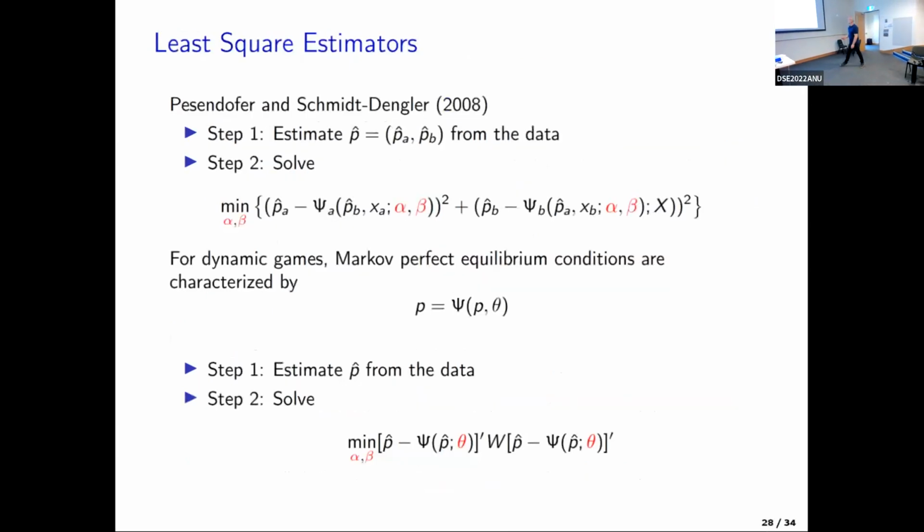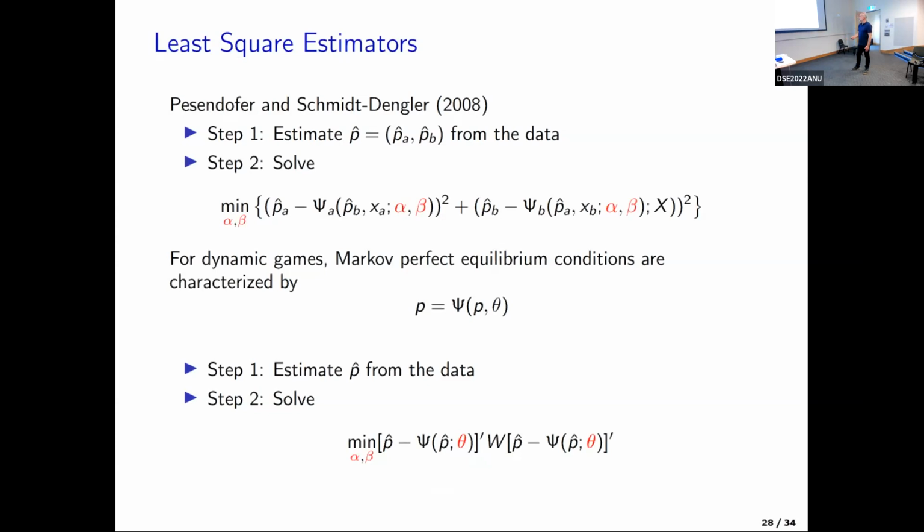Now, there are various different ways to do two-step estimators. I'm going to mostly focus on one where you start by estimating the conditional choice probabilities, you throw that into the best response mappings, and then you could do least squares, minimum distance, or pseudo maximum likelihood.